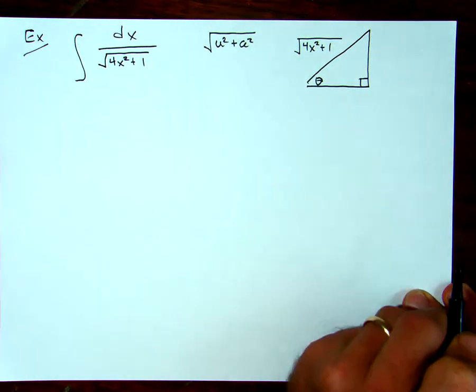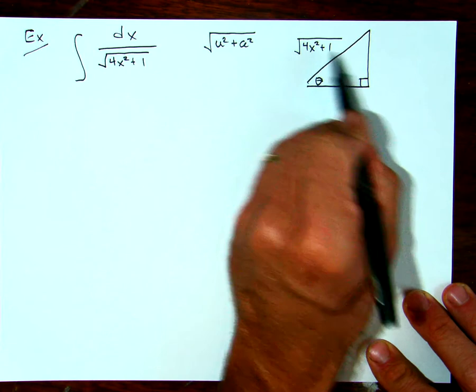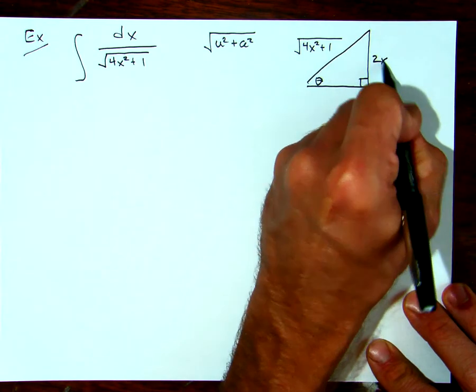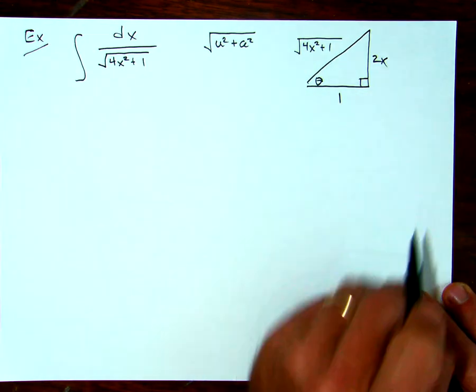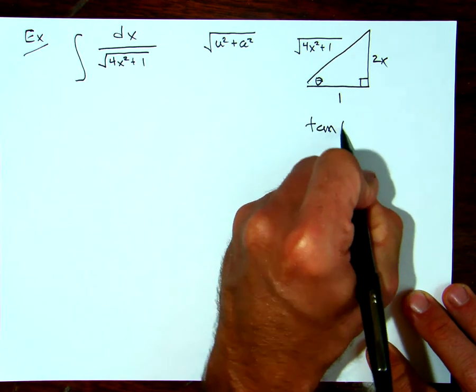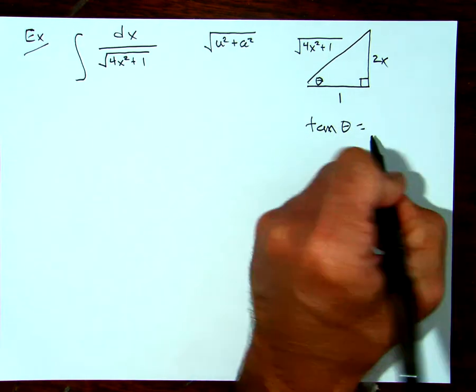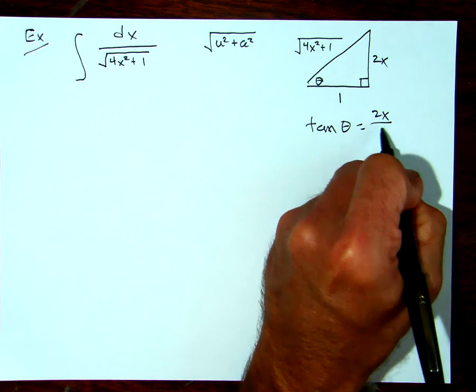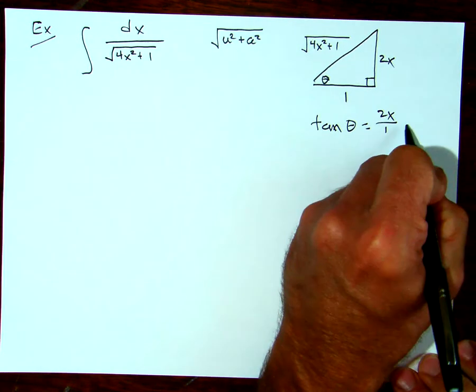So what I want to do is take the square root of 4x squared and put that here. Well, that's going to be 2x, and the square root of 1 and put that here, so that's 1. So now I'm going to have tangent of theta equals opposite over adjacent, or just 2x.